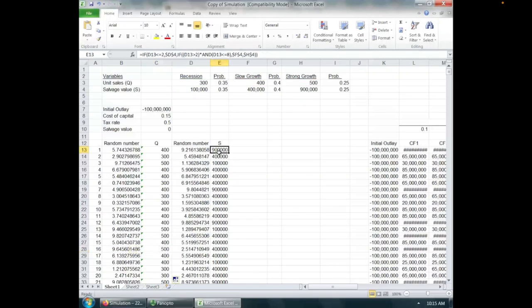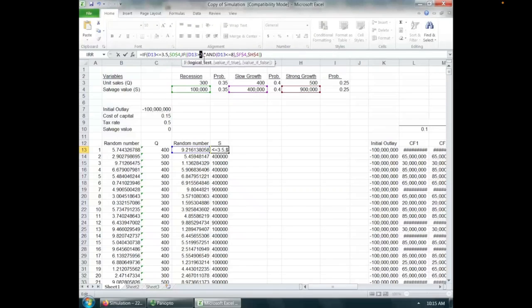And here we're randomly generating the salvage value. Again, random numbers are already there. You don't have to generate them again. You just have to adjust the expression here. So according to this, if the random number is less than, we have to change this to 3.5 because, again, we have 35% probability, we choose the recession value.